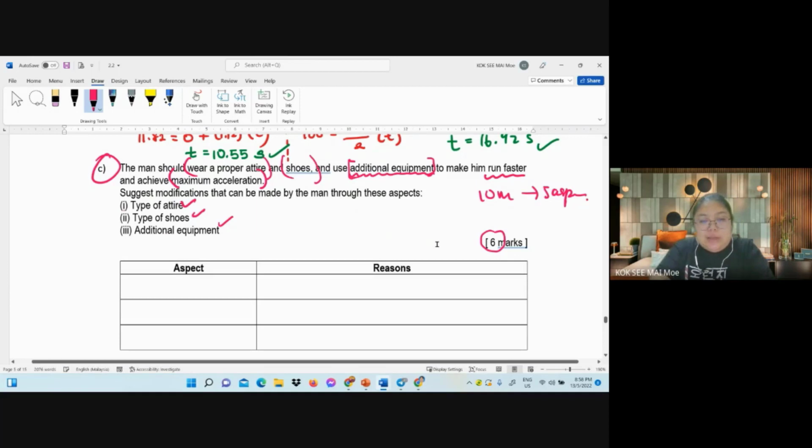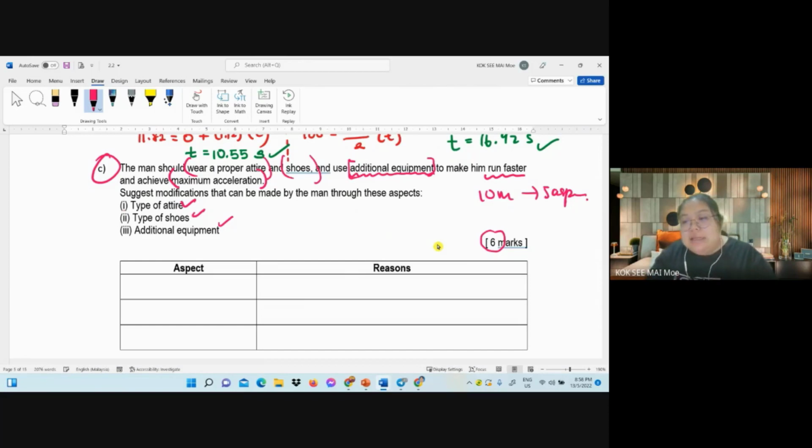This time, sometimes there are many answers, depending on the situation, your answer is accepted or not accepted. For attire, normally we mention something related to physics. So it is important, I want to run faster. I want to reduce resistance. Reduce resistance means your attire must be tight, 比较紧一点. If you wear the loose one, there is a probability for the air to go in.